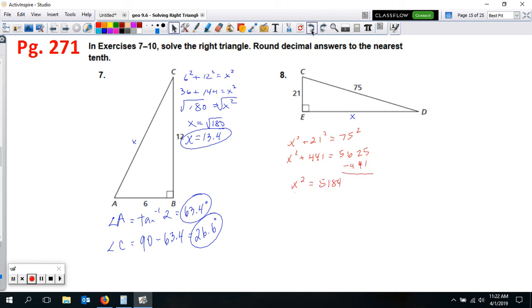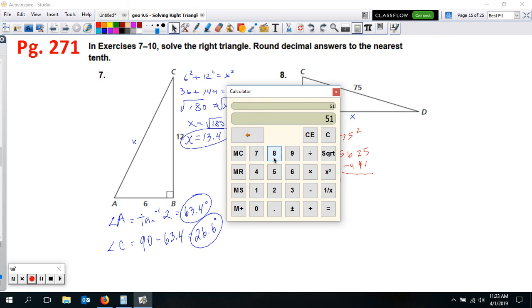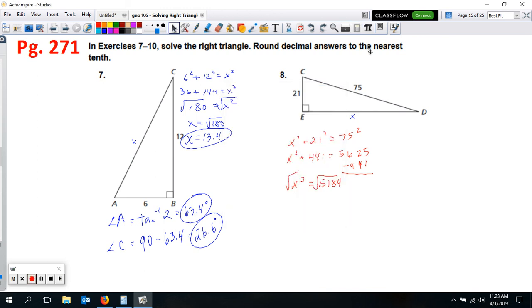So now x squared is equal to 5,184, and take the square root of both sides. What's the square root of 5,184? Do that real fast, 5,184, hit the square root button, it's 72 exactly. So the answer for x is 72.